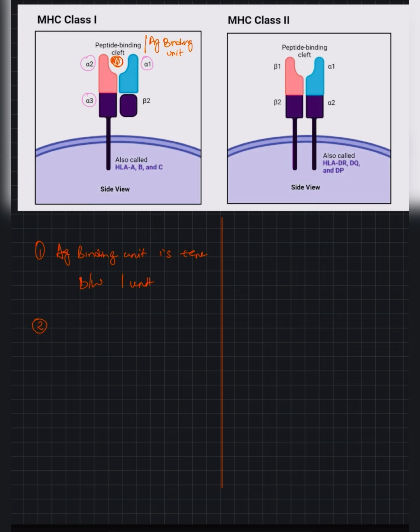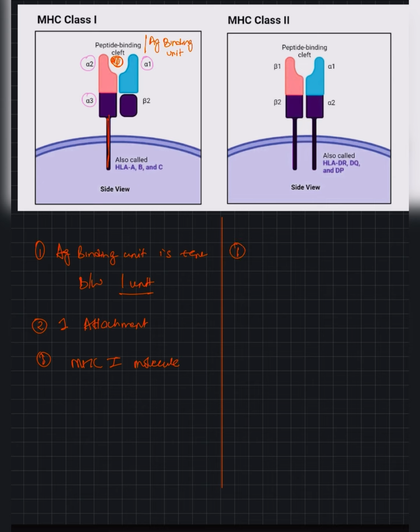The second point is there is only a single attachment, so one unit, one attachment for the MHC1 molecule.